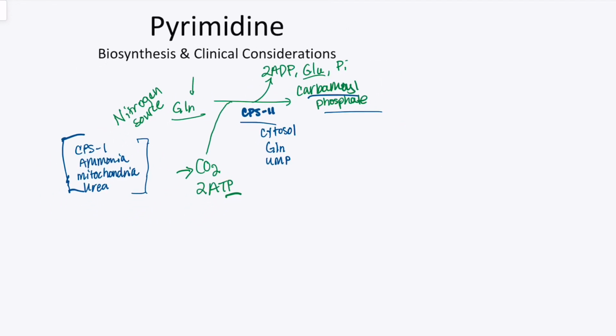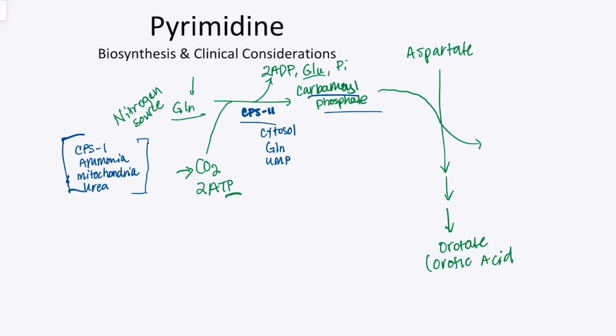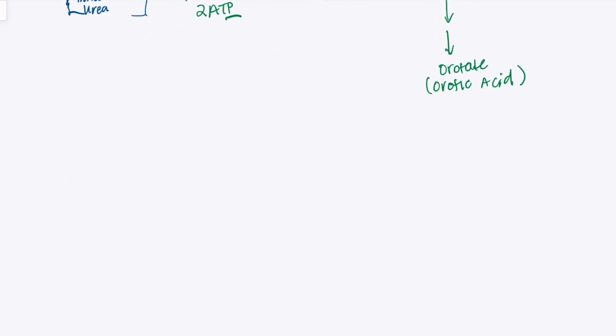So, carbamoyl phosphate. The next step is we're going to take aspartate, combine it with carbamoyl phosphate, and aspartate is going to eventually, after a series of steps, create orotate, also known as orotic acid. And from there, orotate can go on to create OMP and then eventually UMP.